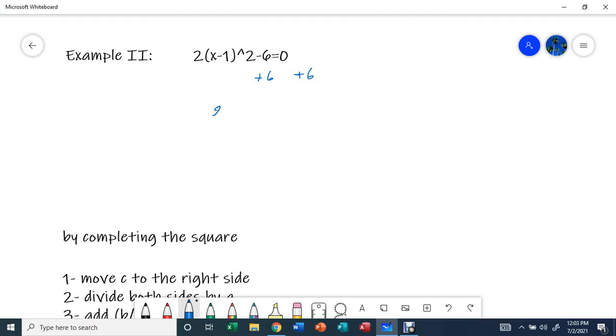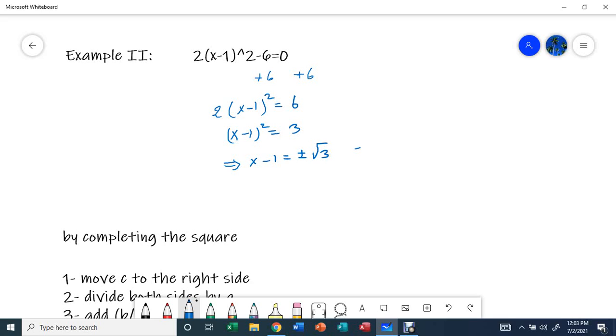So you get 2 times x minus 1 squared equals 6. And now you divide both sides by 2, you get x minus 1 squared equals 3. Using the square root property, you get x minus 1 equals plus or minus the square root of 3.